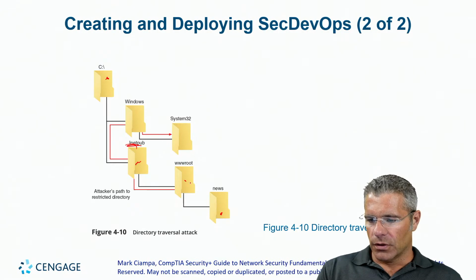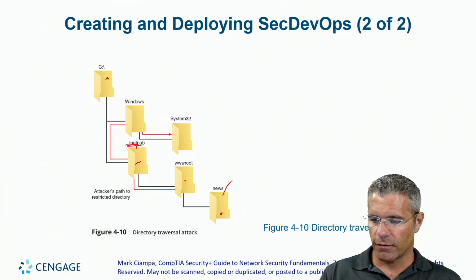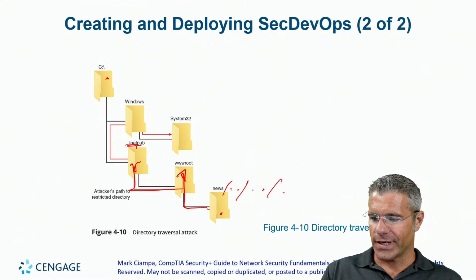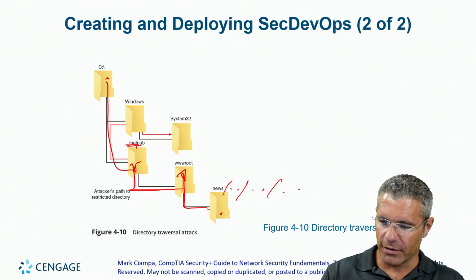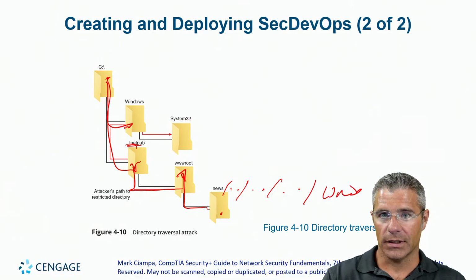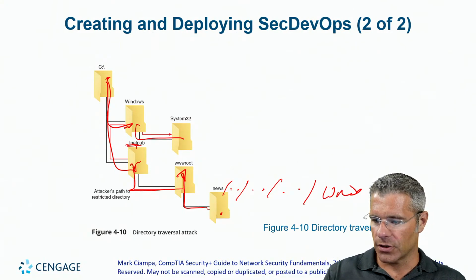They could go to wwwroot, which would be like webserver.com/news. And then if I went to news/.. that would take me back to the wwwroot folder, /.. would take me back to the inetpub folder, /.. would take me back to the C drive, /windows takes me in here, and then /system32.